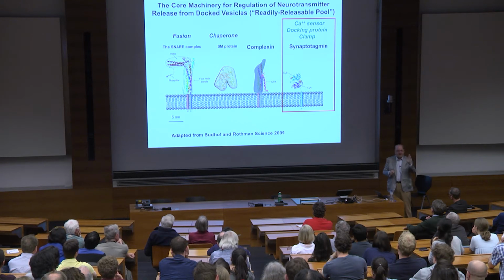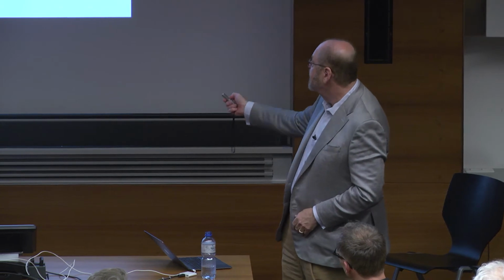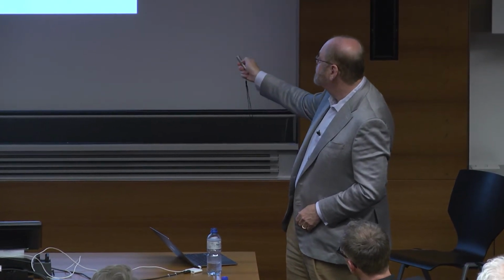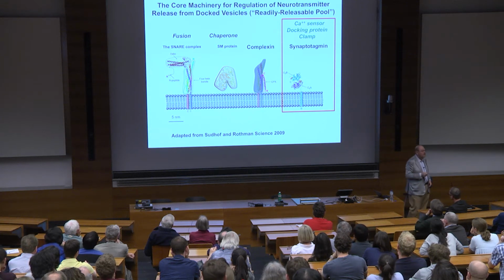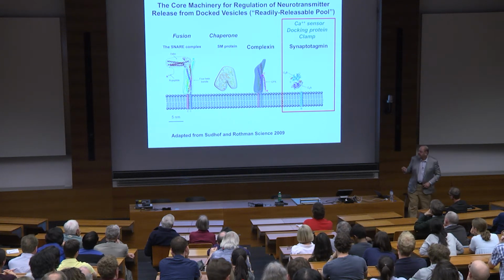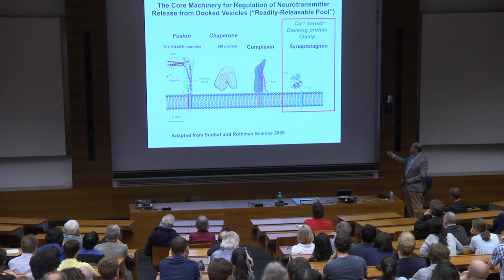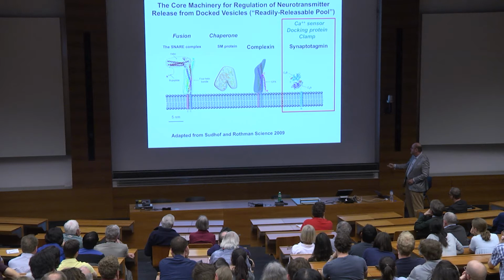I'm going to focus now on the last millisecond leading up to neurotransmitter release. And there are 2 proteins, and as best we can tell, only 2 proteins that come into play. Those proteins are called complexin and synaptotagmin. Both of these proteins were discovered by Thomas Südhof.